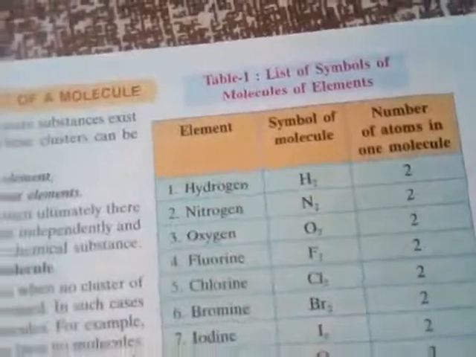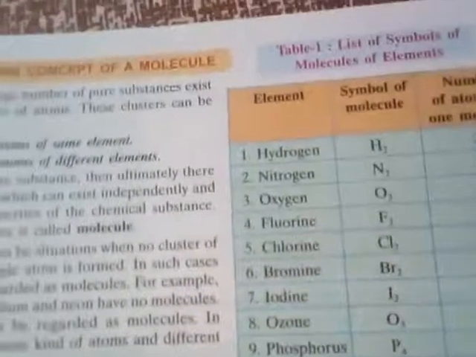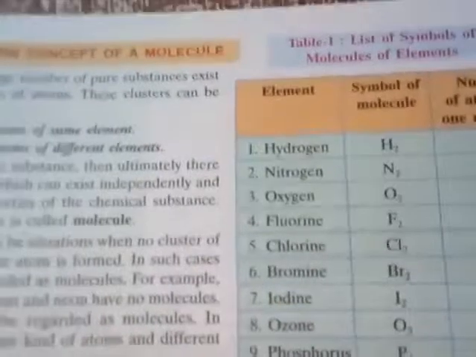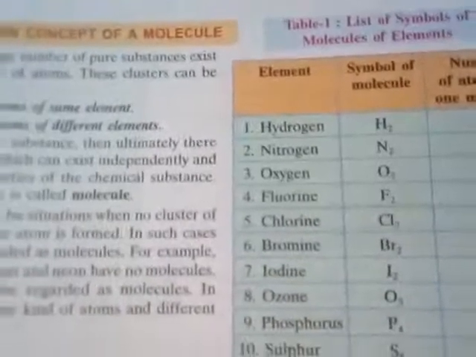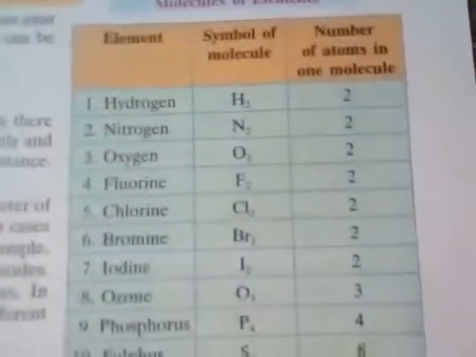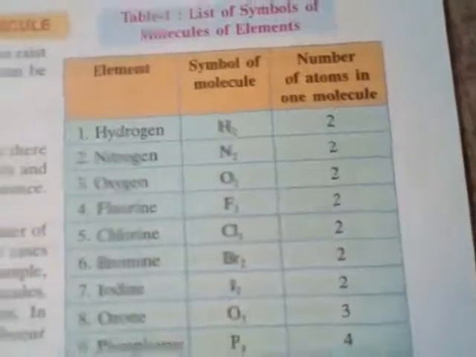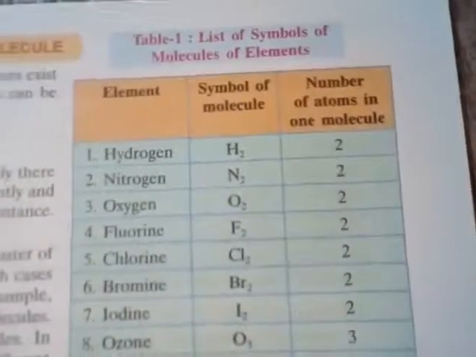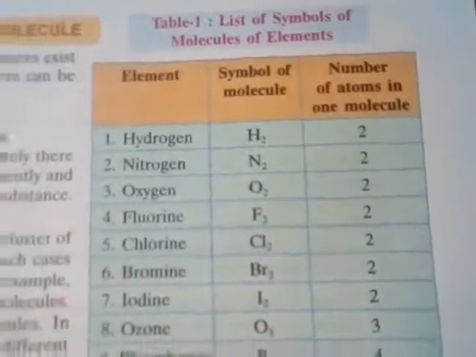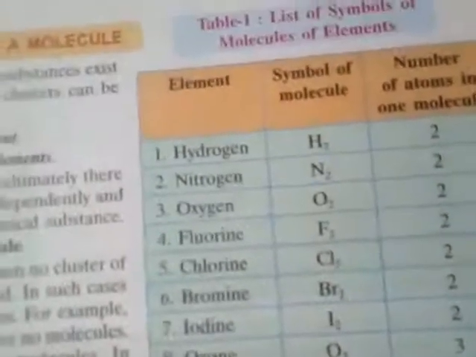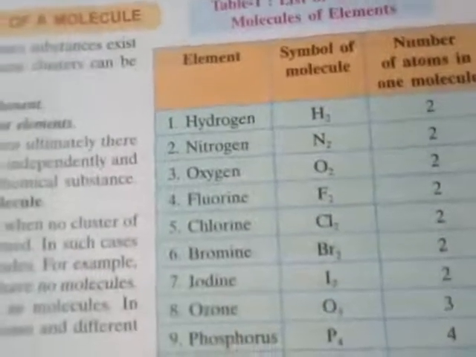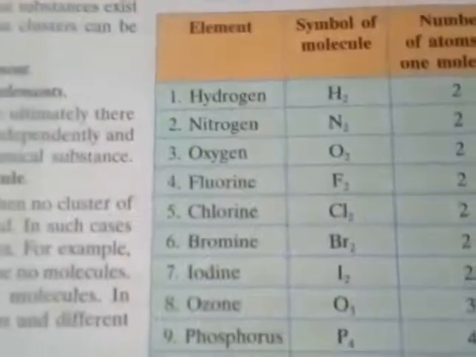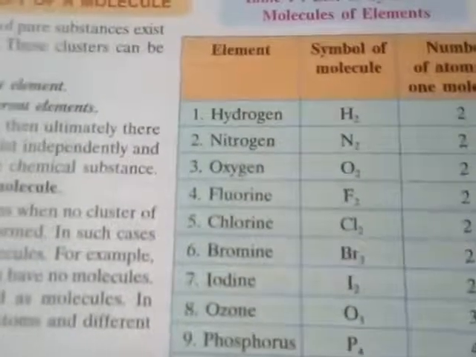In this table, certain elements are given with symbols, like hydrogen, oxygen, nitrogen, fluorine, chlorine, bromine, and their corresponding number of atoms. For hydrogen it is 2, for nitrogen it is 2. The more important thing is that in nature these elements also exist in this form.